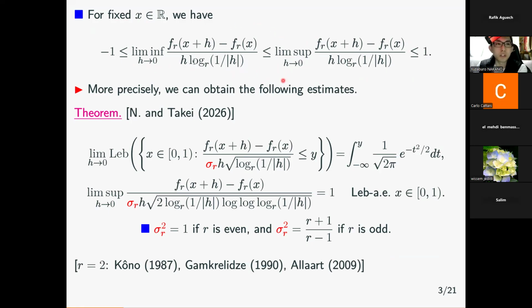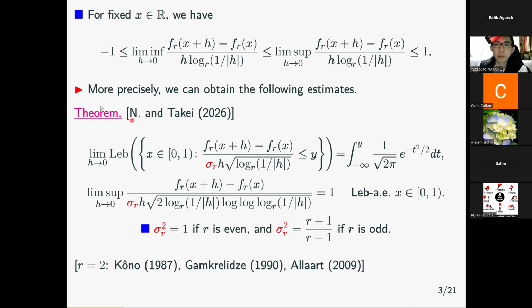This is the evaluation for fixed x. But ignoring the exceptional set for the modulus of continuity, we can obtain the following estimate. This is the first part of our main theorems.